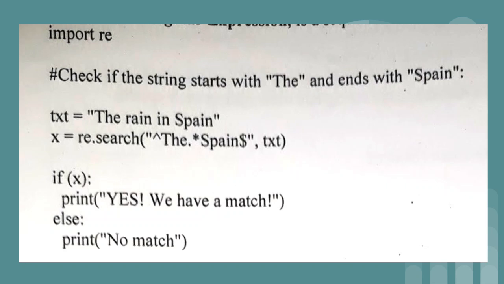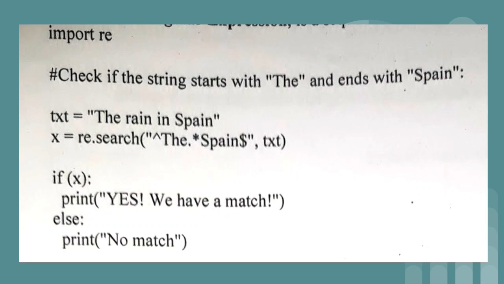Dot means that after the word "The" there can be any text. After the dot we put a star. Star means one or more occurrences, so if we have some words or sentences after the keyword, there can be a repetition.